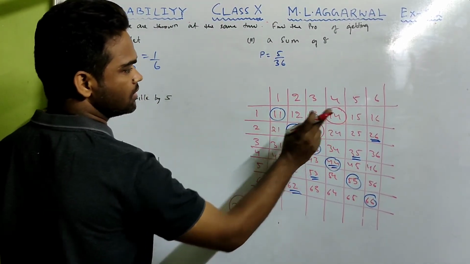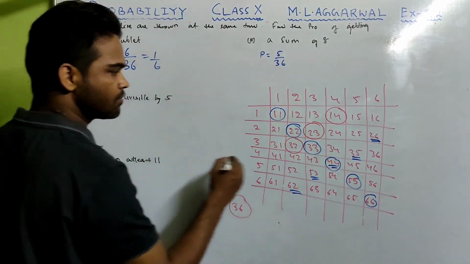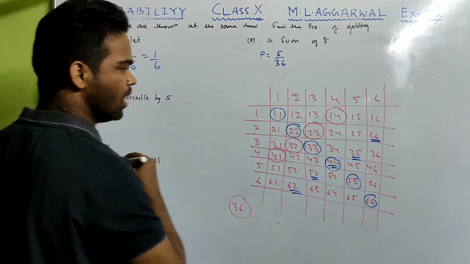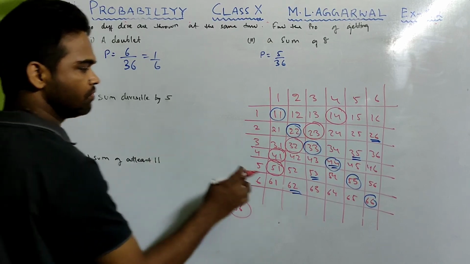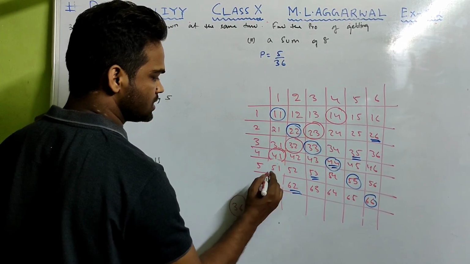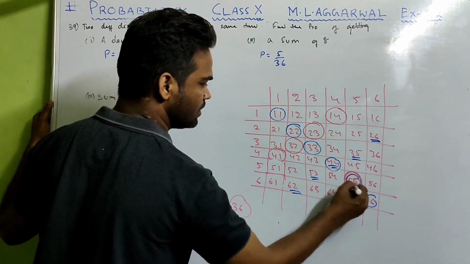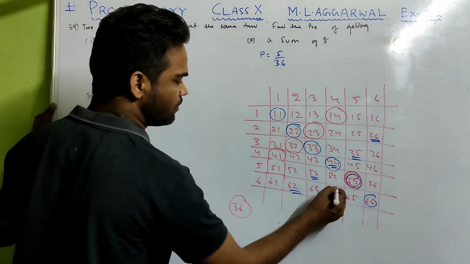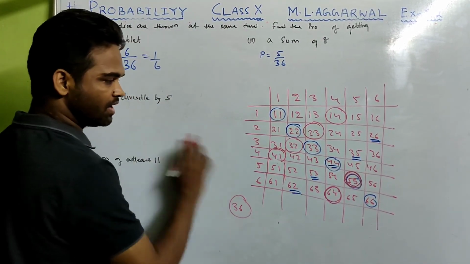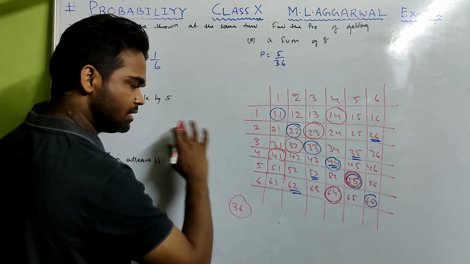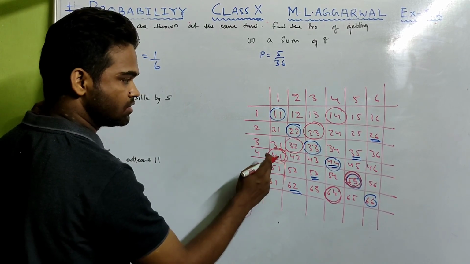No. Then 3,2, 4,1. 5,1 will not be there because 5 plus 1 is 6. Over here 5,5 will be there. Look carefully. And over here 6,4 will be there. 6 plus 4 is 10. Divisible by 5. 5 plus 5 is 10. Divisible by 5. Then over here 4 plus 1 gives you 5. Divisible by 5.